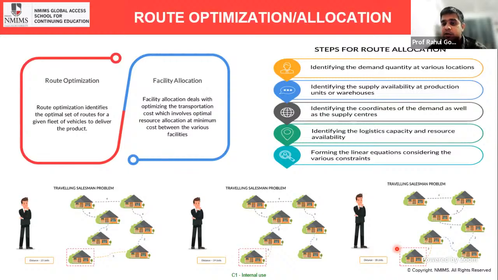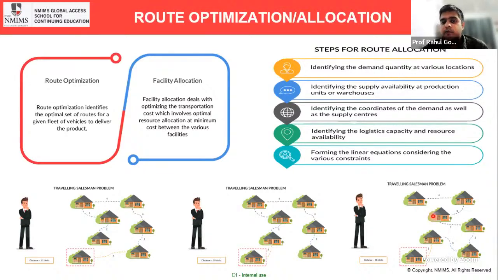So it's not a simple answer. Here the number of houses is only, let's say, 7, but even within 7 the number of possible ways in which he can visit the 7 houses is going to be 6 factorial. And when we say 6 factorial, it is 6 into 5 into 4 into 3 into 2 into 1. So these are the different number of combinations in which he can visit the houses.